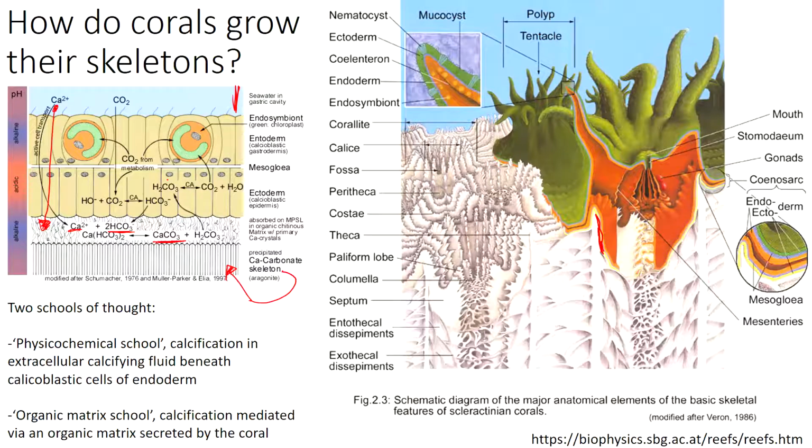So we have cellular processes going on which are taking calcium and pumping it down to the site of calcification. And we're also taking dissolved inorganic carbon, either directly from seawater or the fluid within the coral, and catalyzing some of that dissolved inorganic carbon from the CO2 form into the bicarbonate form, where it can then be pumped to the site of calcification.